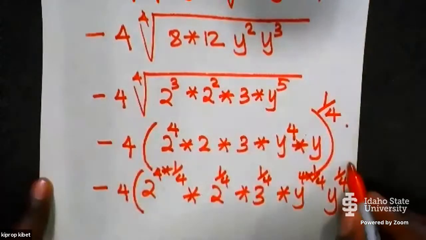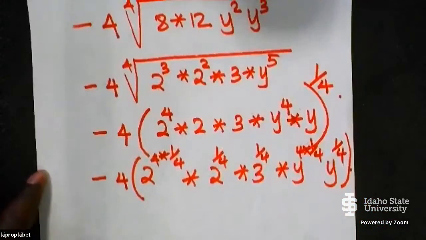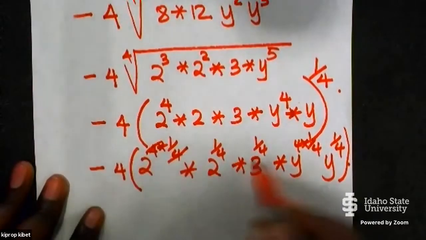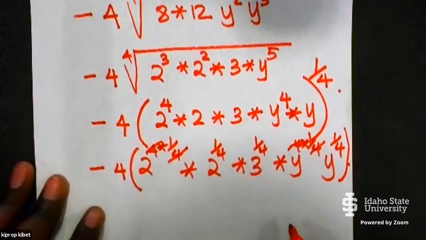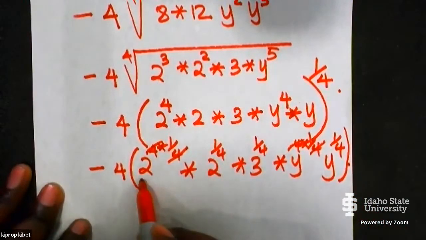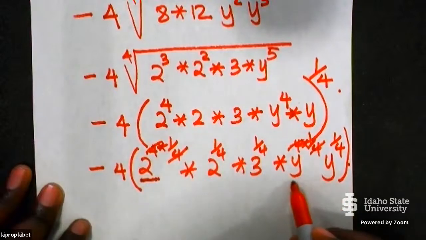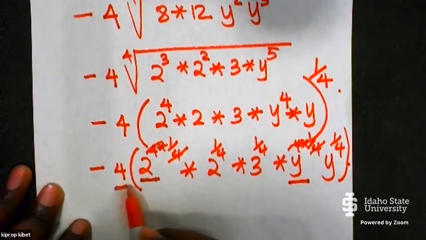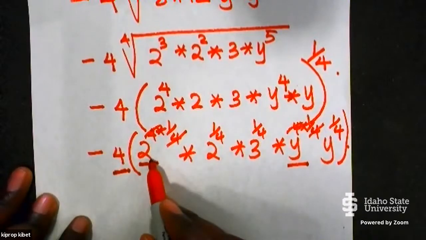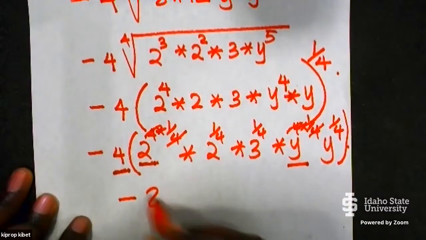Then you simplify. So this and that cancel, you get 1. This and that cancel, you get 1. Those ones remain. So we have the 2 here, we have the y here, and then we have the -4. So what will come out? -4 times 2 is -8 times y. So -8y.